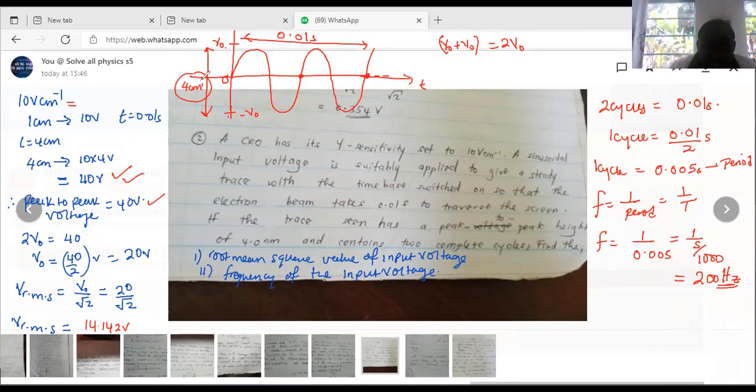So it means the 4 centimeters corresponds to 40 volts, yet the 40 volts are the peak-to-peak voltage. So the peak voltage from V naught up here to negative V naught is actually 2 V naught, which is equal to 40 volts. That is how I ended up getting the peak-to-peak voltage as equal to 40 volts, and finally the peak voltage became 20 volts. Have I made more sense? Thank you, teacher. You're welcome.